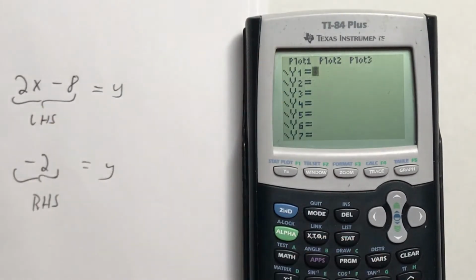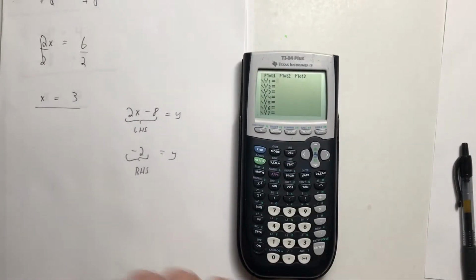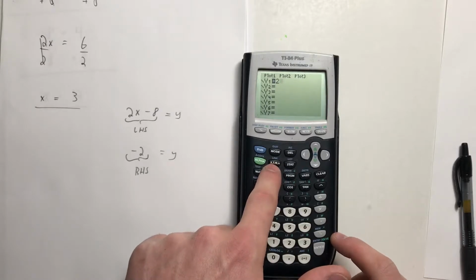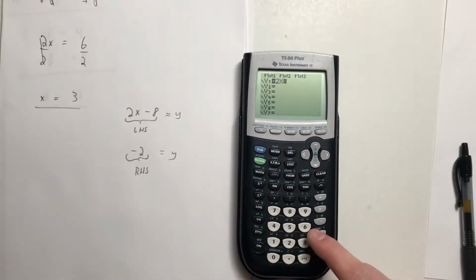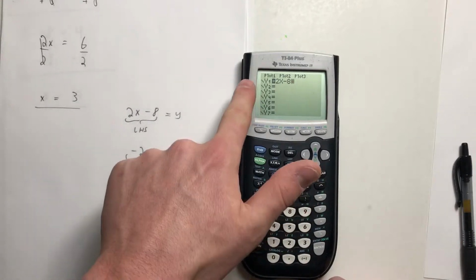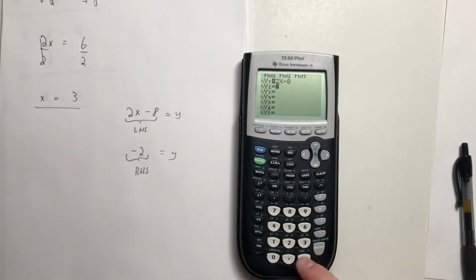In our y1 here, we're just going to type 2, then use this button up here for x. This is our variable button. 2x minus 8, so that's in our y1. And then down in our y2, we're going to do the same thing. It's just a negative 2.